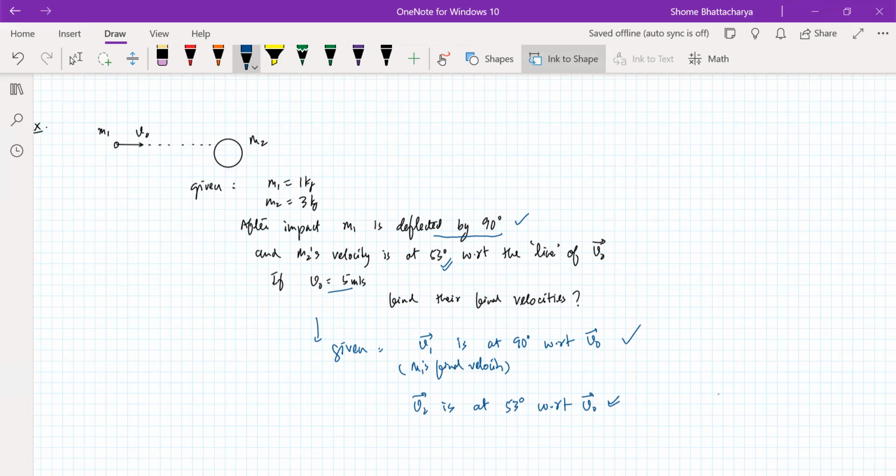So this means that after impact, if this particle goes off with a velocity v1 like this, which is perpendicular to this line, then this has to go off with v2 like this, such that this line is at an angle of 53 degrees with respect to this. This is what this means.